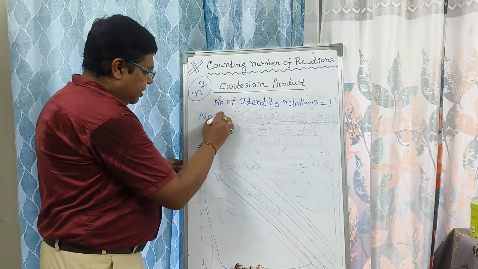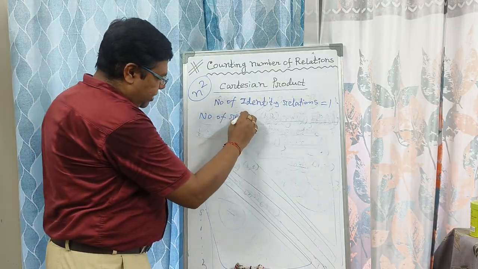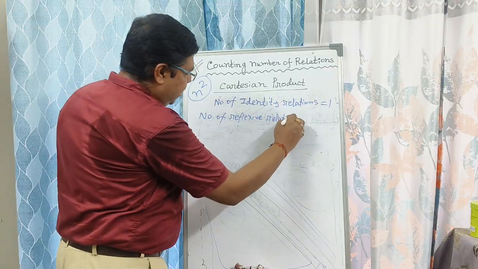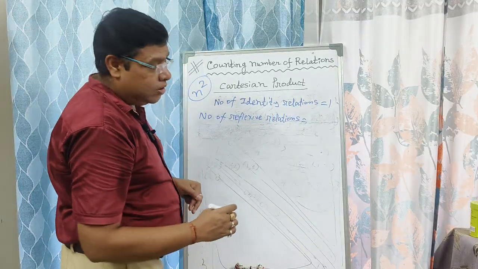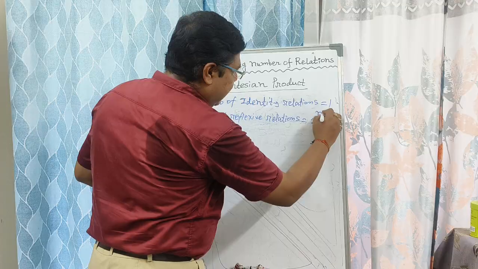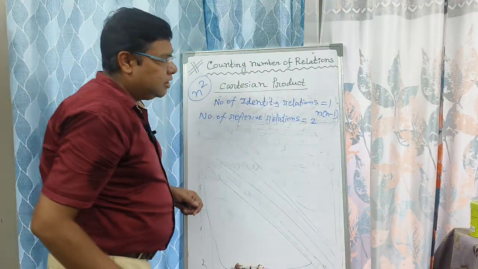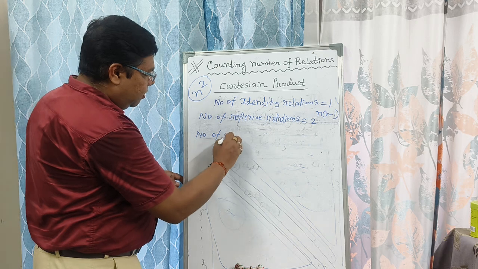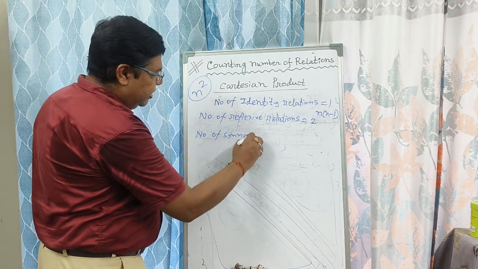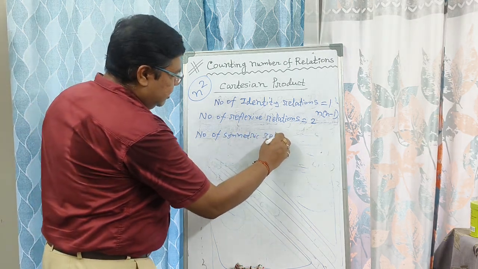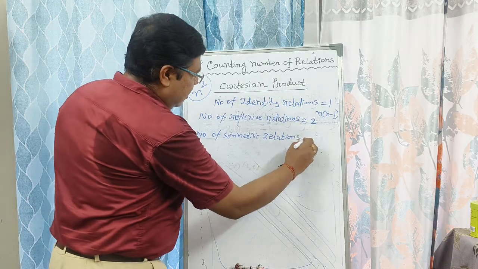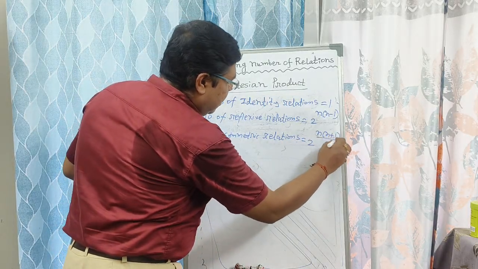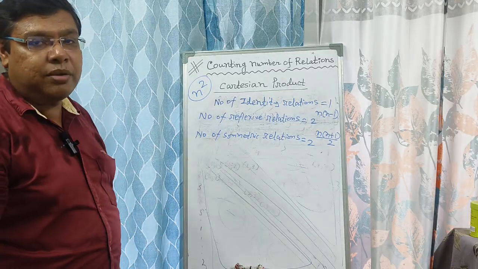Then the number of reflexive relations is 2 raised to the power n into n minus 1. Clear? And then the number of symmetric relations is 2 raised to the power n into n plus 1 upon 2. So these are the things coming.